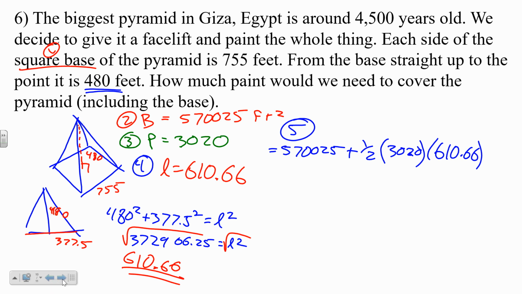And again, now we can just put that in our calculator. 570,025 plus 0.5 times 3020 times 610.66. You're going to get 1,492,121.6. And that is feet squared.